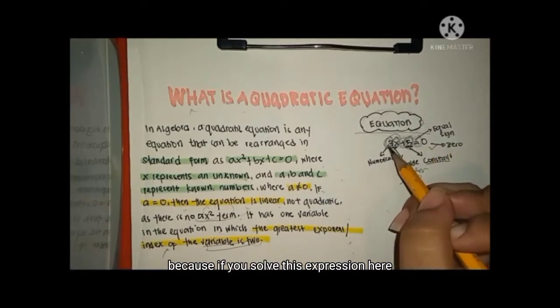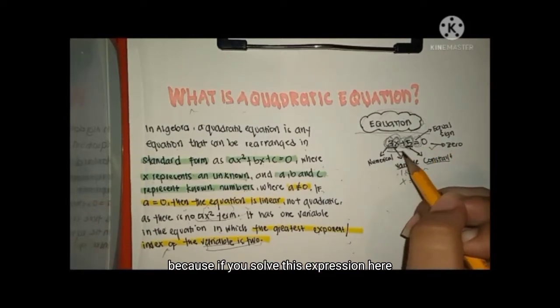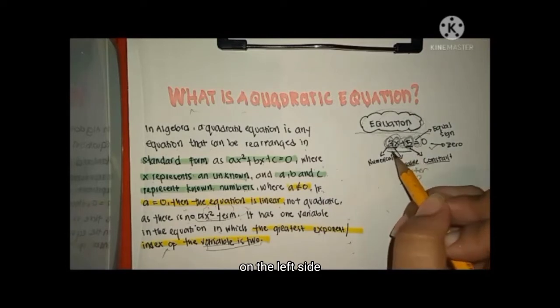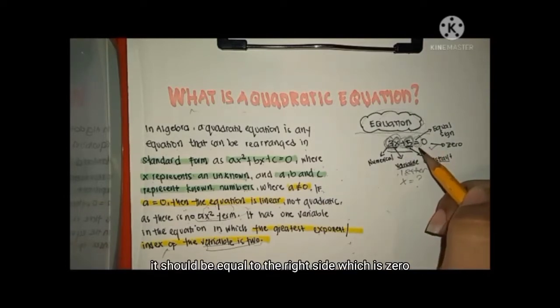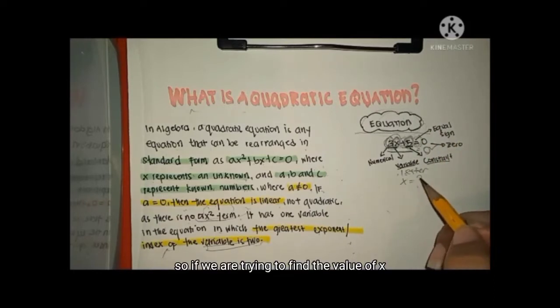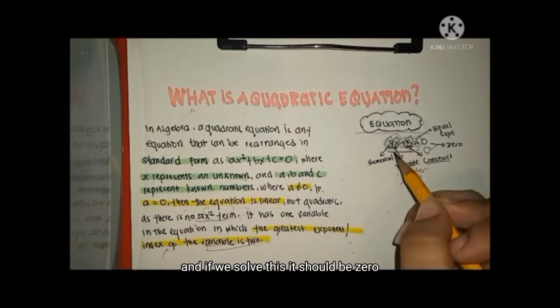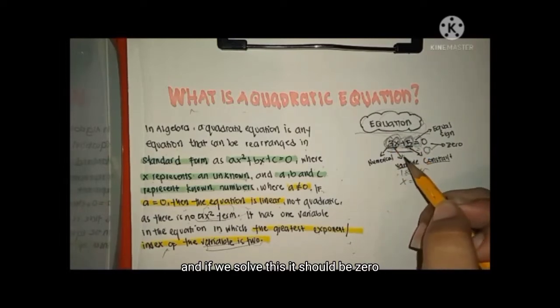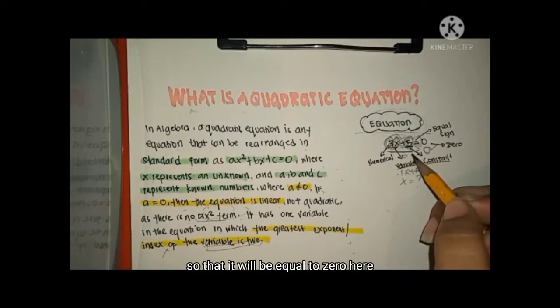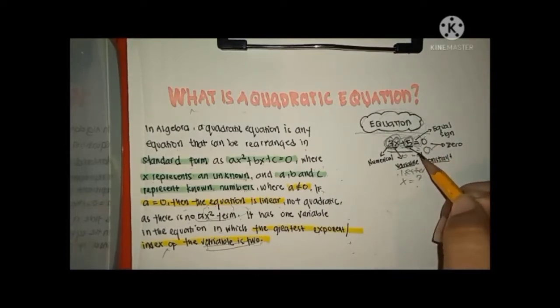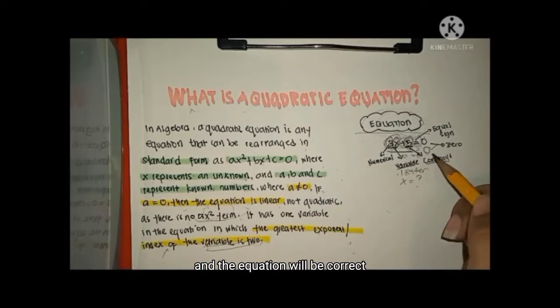Because if you solve this expression here on the left side, it should be equal to the right side, which is 0. So if we are trying to find the value of x, and if we solve this, it should be 0, so that it will be equal to 0 here, and the equation will be correct.